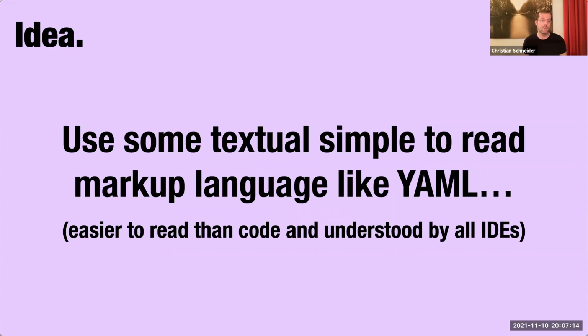Well, then the idea was to use something very simple that combines most of the benefits of something like code and has on the other side only as few as necessary of those drawbacks. That means not actually being something like code, but something similar to code, something more declarative. And the easiest to read markup language, in my personal eyes at least, for a human, is YAML.